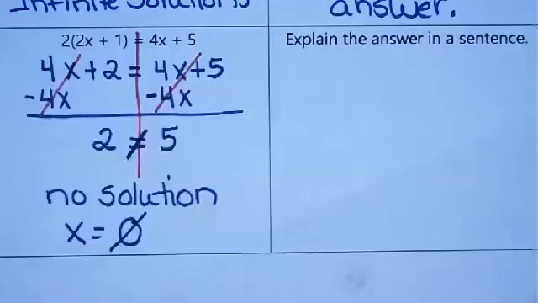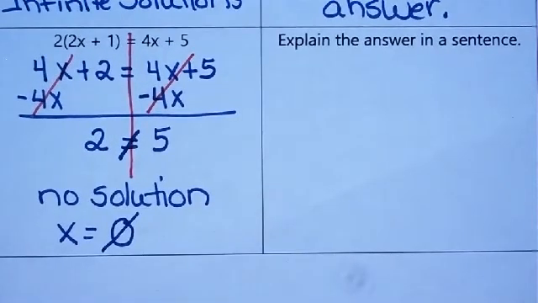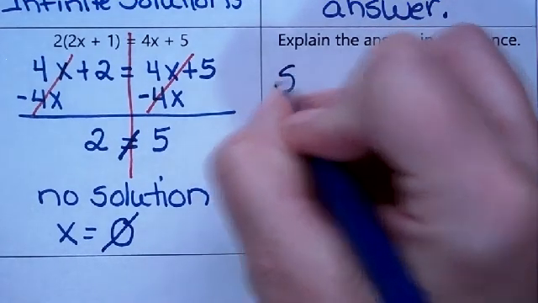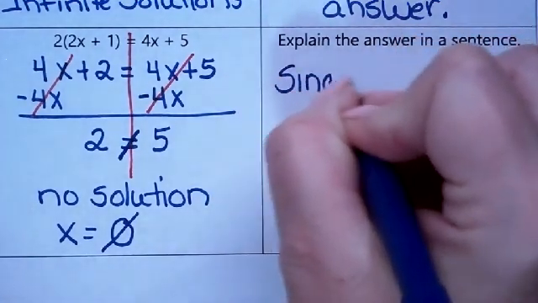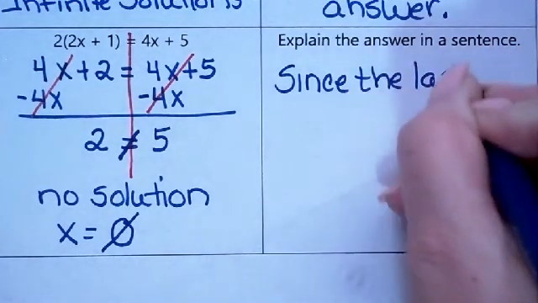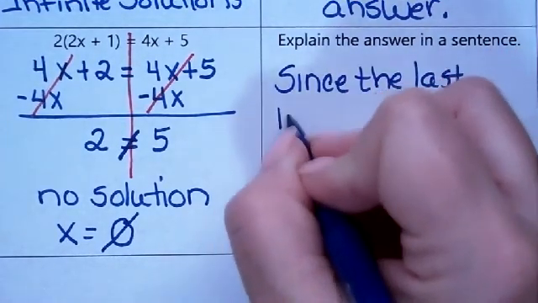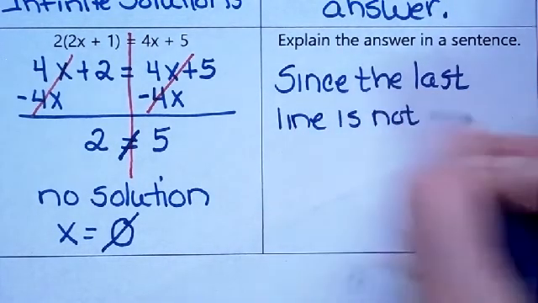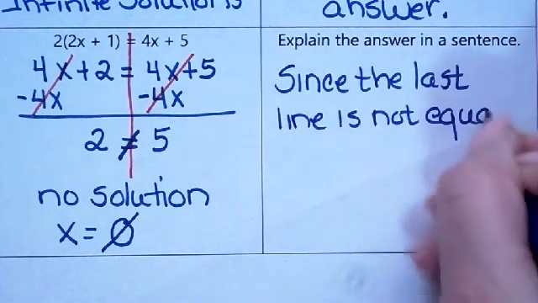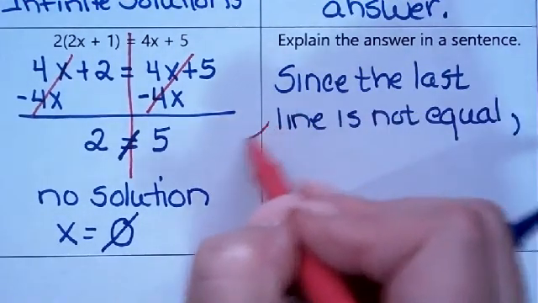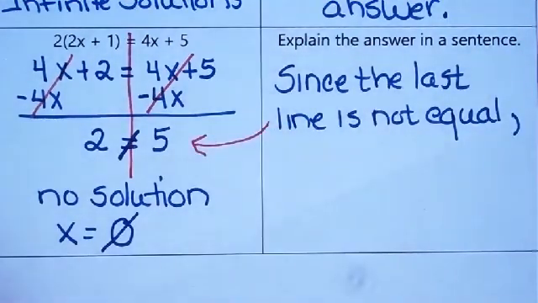Okay, now, again, let's write us a sentence to remind us of this. So over here, since the last line is not equal, okay, and if you want to draw your little arrow over there, what I'm referring to is that.